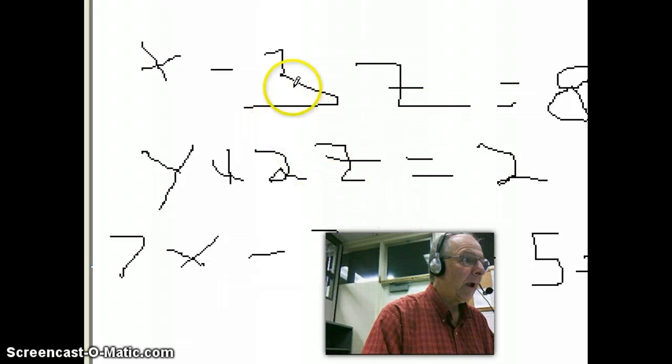Now, I can see that we can solve the top equation for x by adding 3z to both sides. Then x is equal to 3z plus 8.